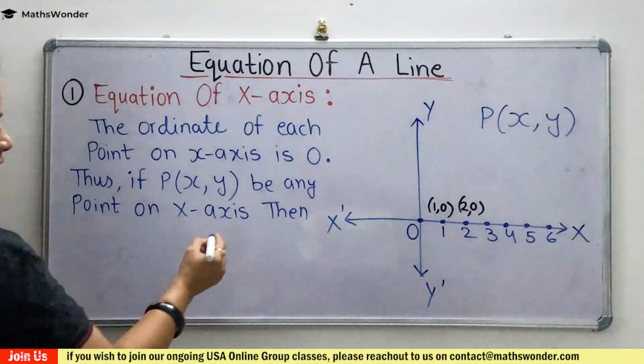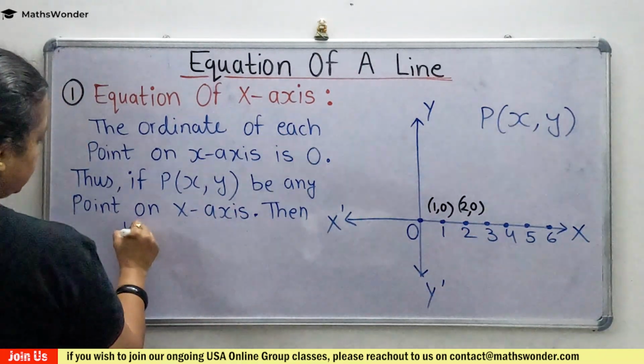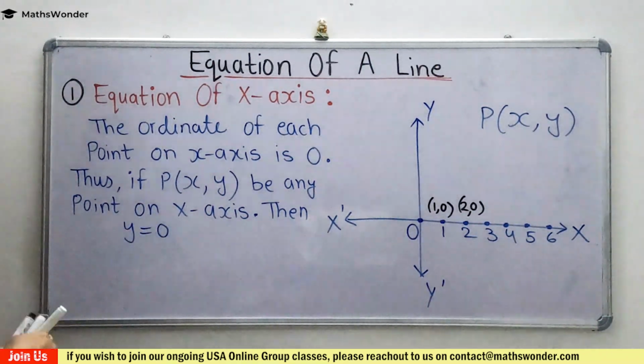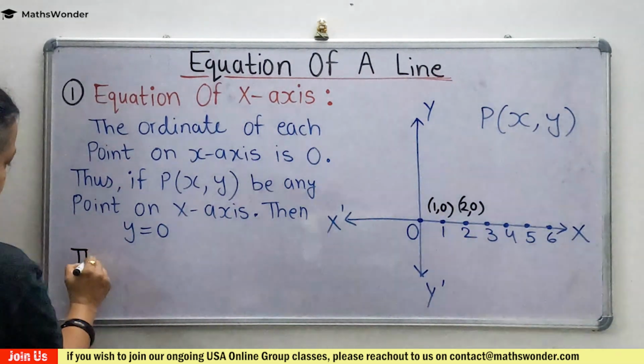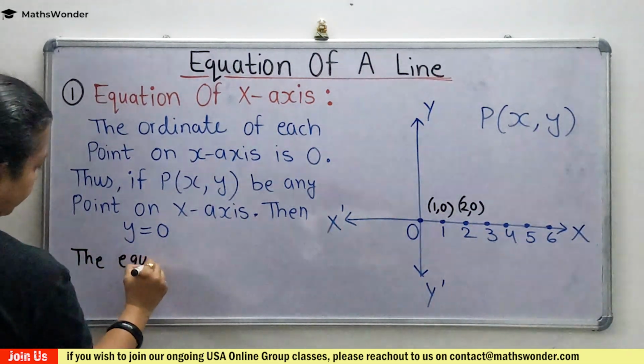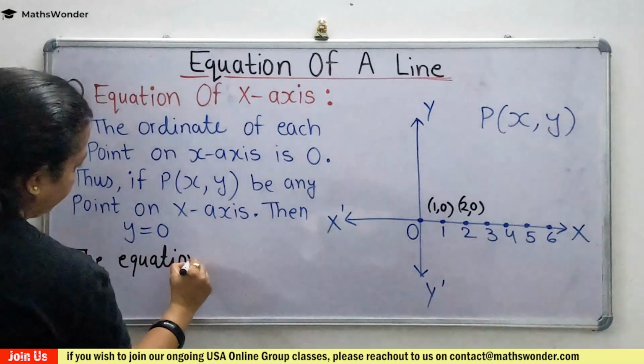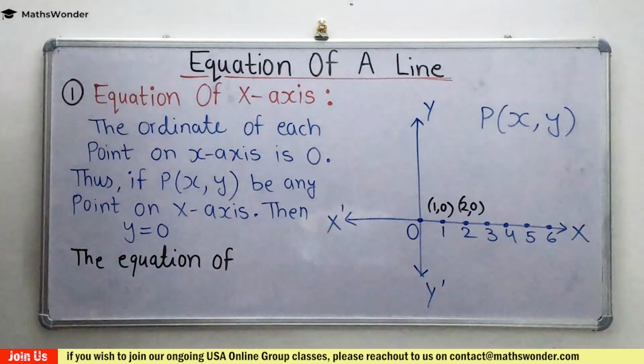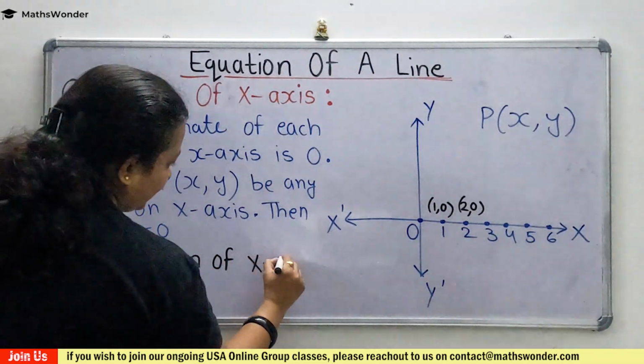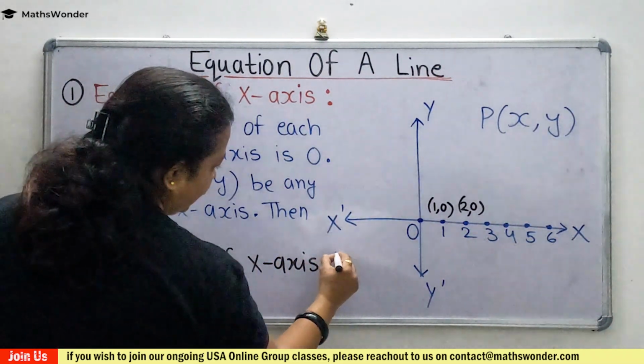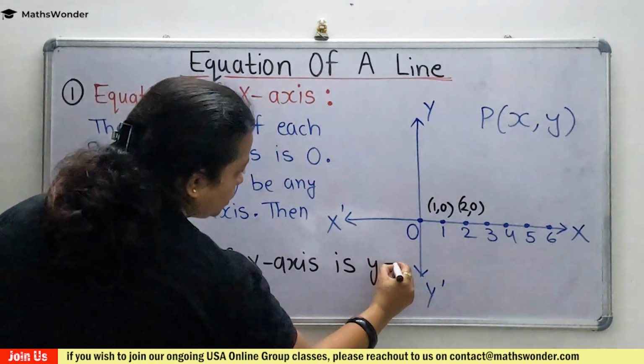Then y is equal to 0. So the conclusion is, hence the equation of the x-axis is y is equal to 0.